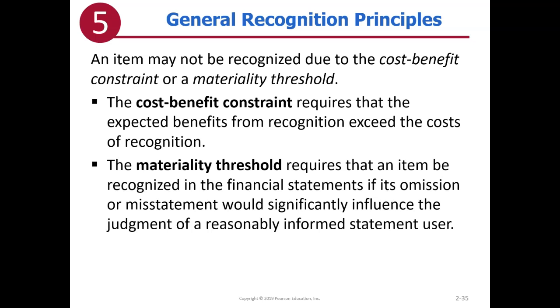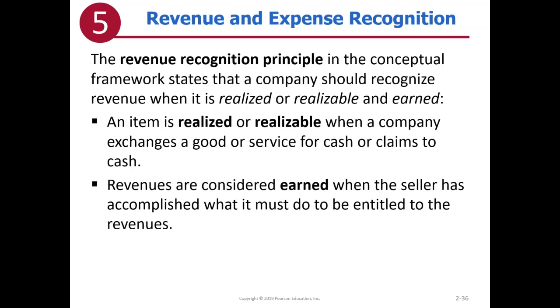Okay, so that takes care of our general recognition. Now, specifically, revenue and expense recognition. We have a whole new chapter on it, but the old revenue recognition says that in order to recognize it as revenue, it has to be realized or realizable, meaning that we have cash, or an account receivable, which would be realizable, meaning that it's going to be turned into cash at some point.